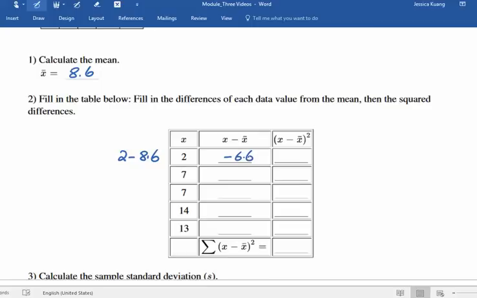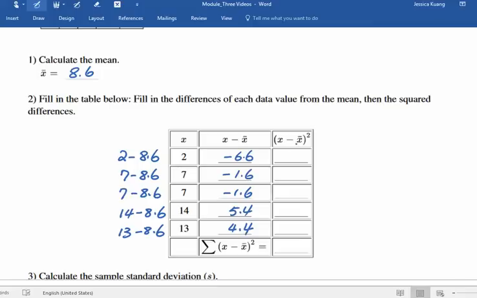Notice the value is negative because my data value is on the left-hand side of the mean. Next, I have 7 minus 8.6, so still a negative value. Same thing over here. And then 14 is above the mean, so notice the difference is positive. And 13 minus 8.6 is 4.4.